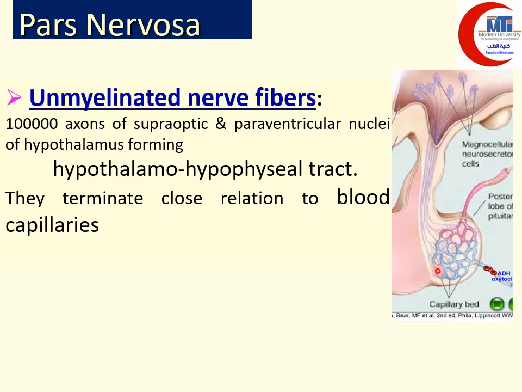These axons terminate close to the blood capillaries. The secretion of these neurosecretory cells, which are antidiuretic and oxytocin hormones, descends in these axons or in this hypothalamo-hypophyseal tract to reach the blood circulation through this network of fenestrated blood capillaries that surround axon terminals.